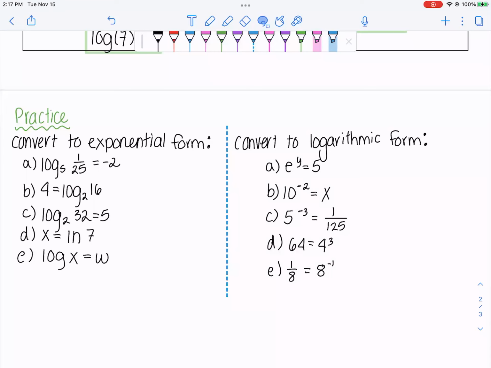I'm going to give you a moment to pause the video and practice these on your own piece of paper. And I'm going to pause my own video and then display the answers. You know, if you're on YouTube, you can push the space bar. That pauses your video. You've had a moment. You've been warned. Answers are coming up next.